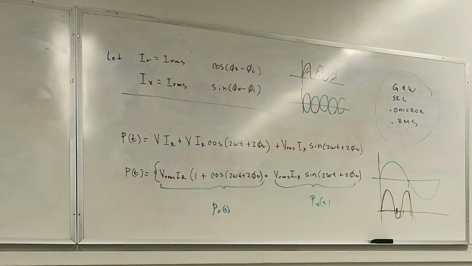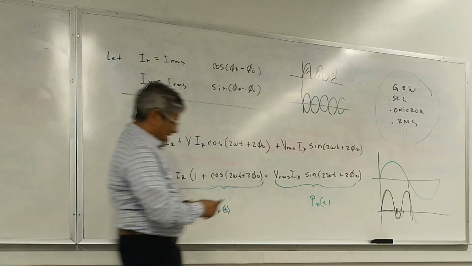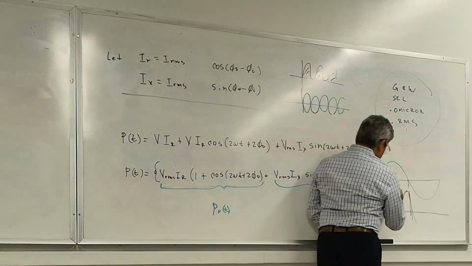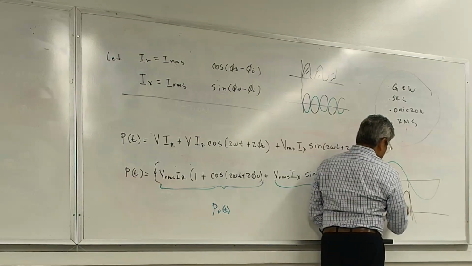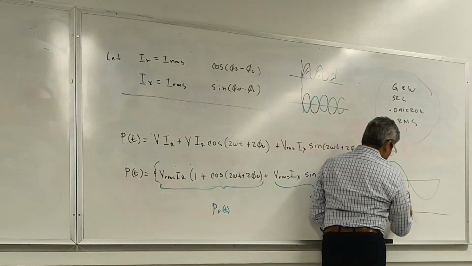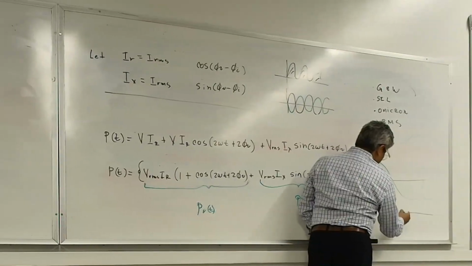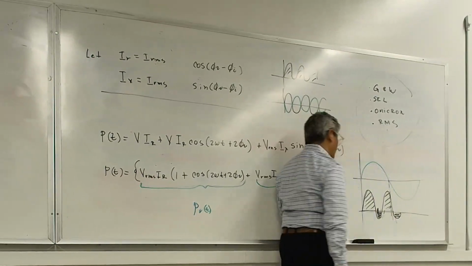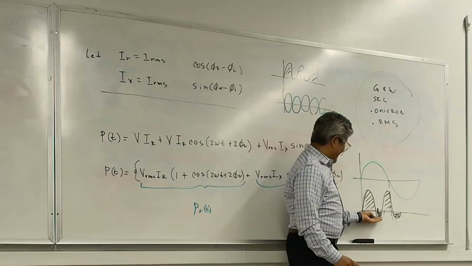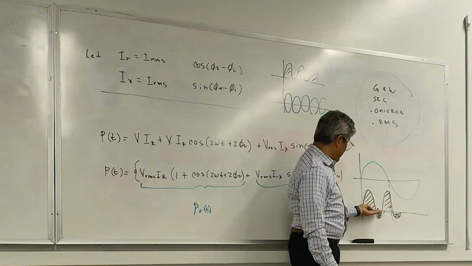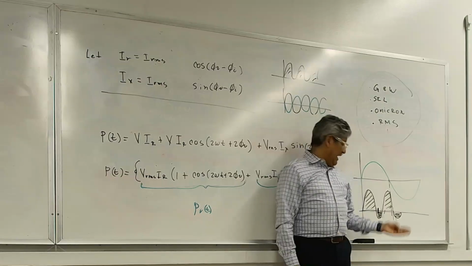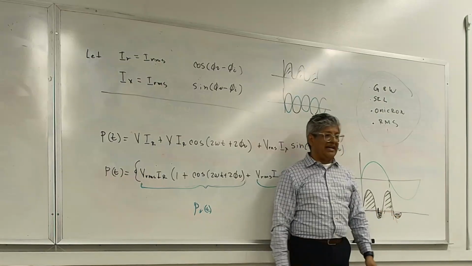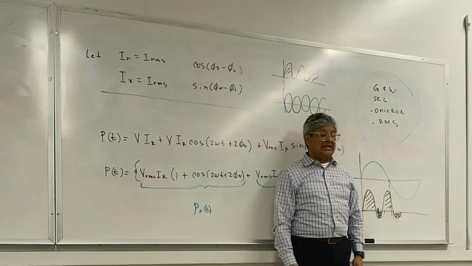Now, when you have a resistor and an inductor, as an example, depending on the size of the resistor, you're going to have a positive area, and then you're going to have these little negative areas for one cycle. That area on the top is what is consumed by the resistor. And these little areas at the bottom, on the negative side, are what's consumed by the inductor.